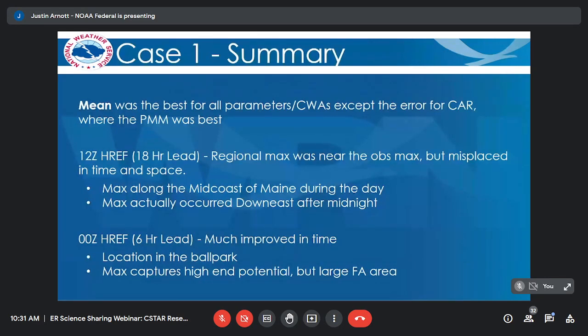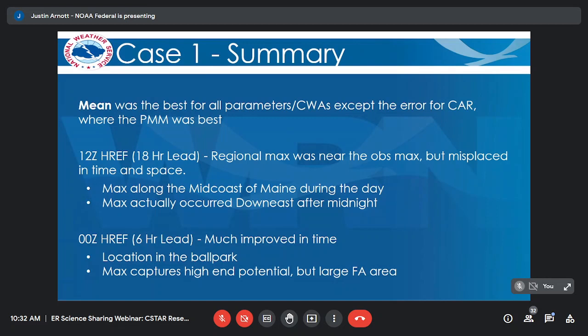All right, to reinforce some of the points I've talked about again. The mean was the best for all parameters and the CWAs, except for the area across Caribou, in this case down East Maine, where the PMM was the best.